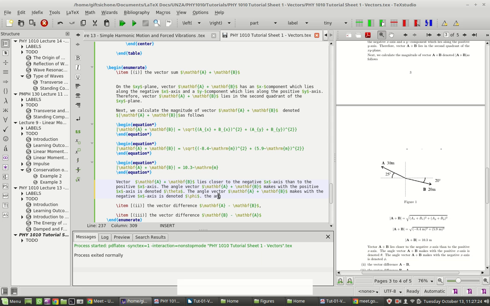The angles, in this case theta and phi, are related as follows.